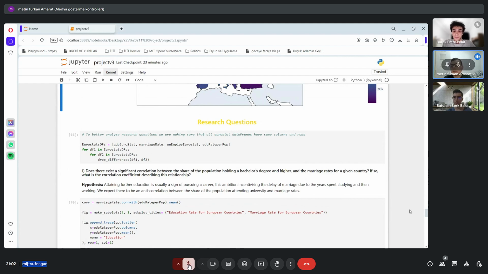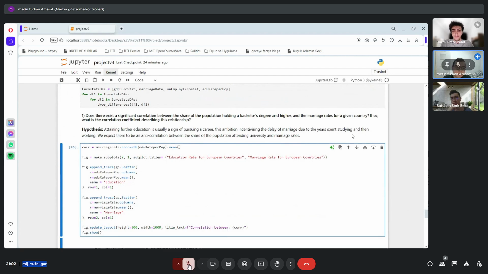I will only be explaining our first two research questions in the interest of respecting the time limit. The other research questions were, as outlined in the project proposal, the suggestions. They were written and a hypothesis was formed, although we did not actually go the entire length of solving these questions, but rather just outline the method of approach, which you can read in the notebook file that we're going to upload on Innova.